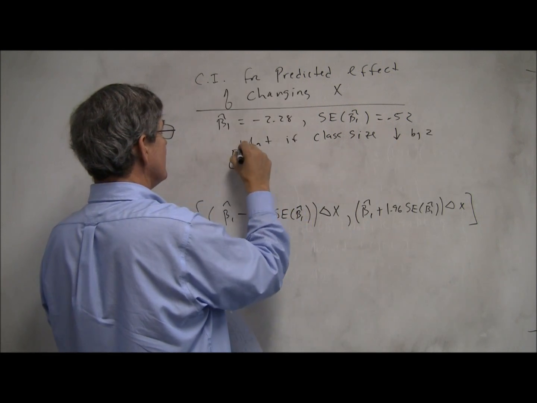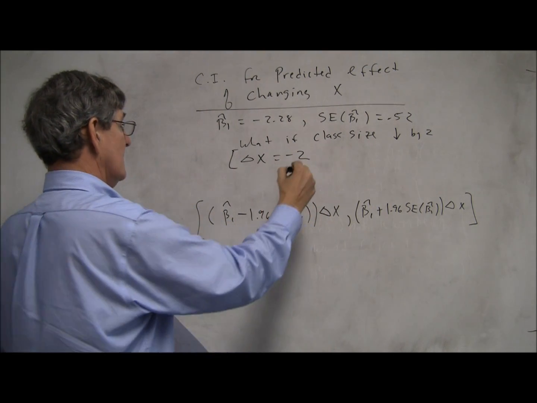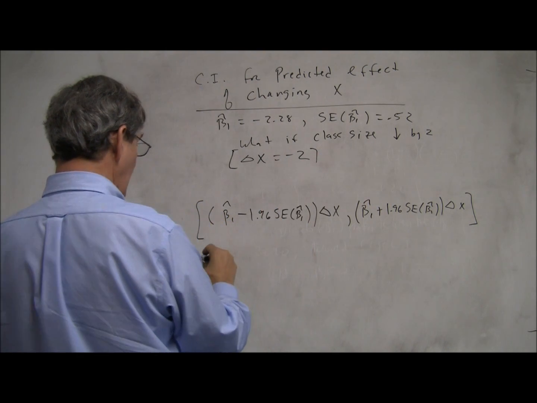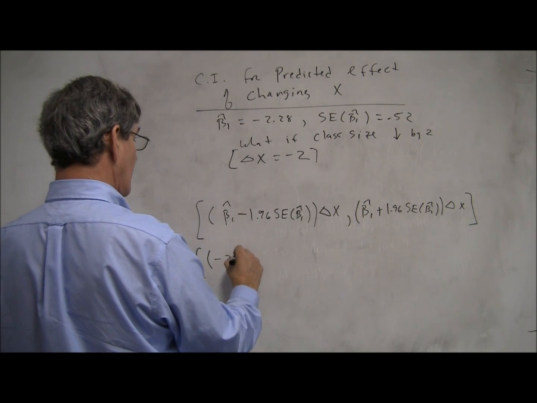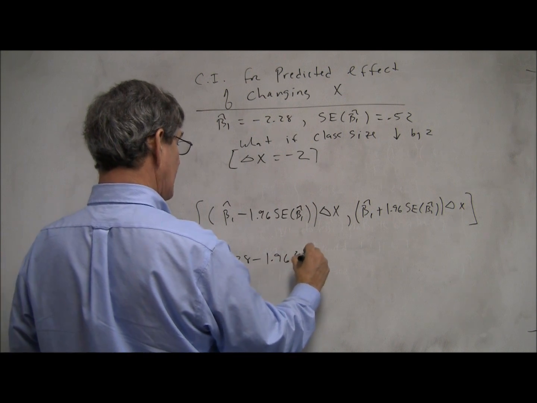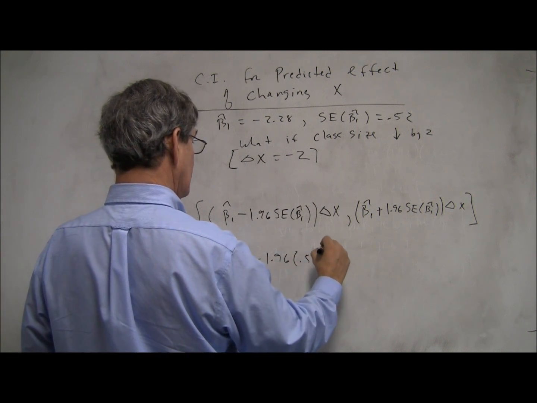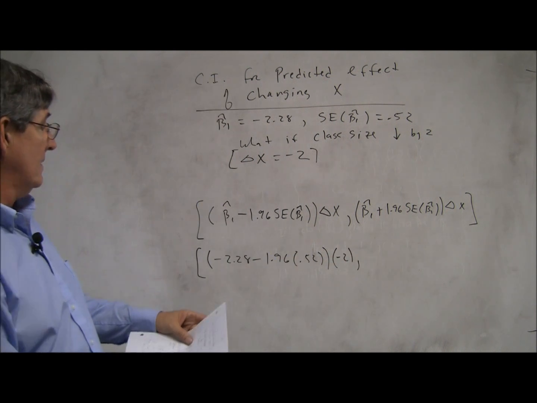So that means that the change in x is minus 2. Well, this will be minus 2.28 minus 1.96 times 0.52 times minus 2. That's the left interval.